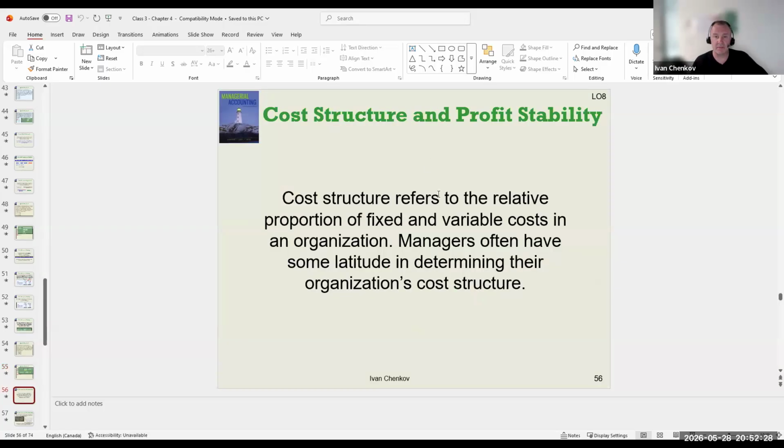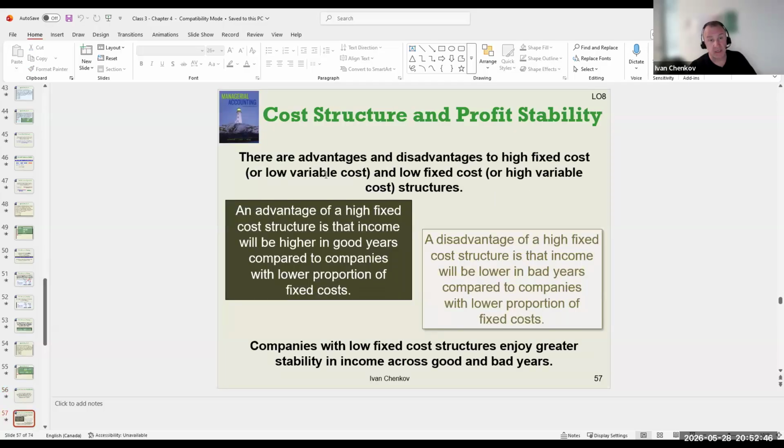Cost structure and profit stability, or sustainability, the way you want to call it. There's a different organization, and now we're going to the operating leverage, which is expressed by the cost structure of the company. Some companies are largely exposed to the variable cost.